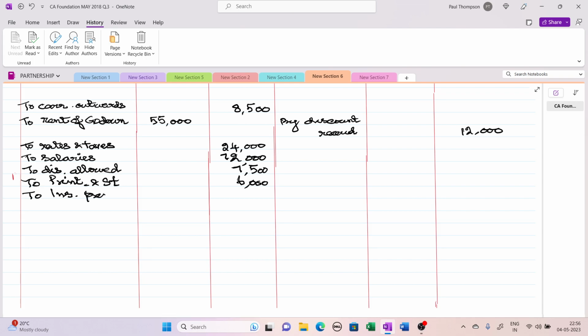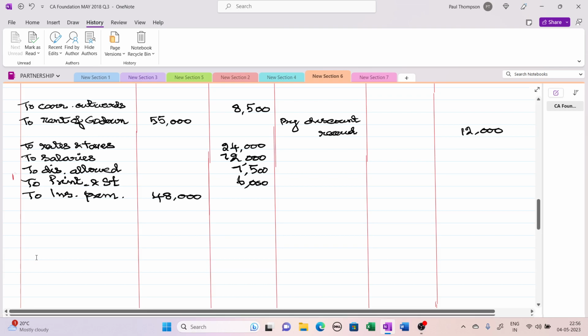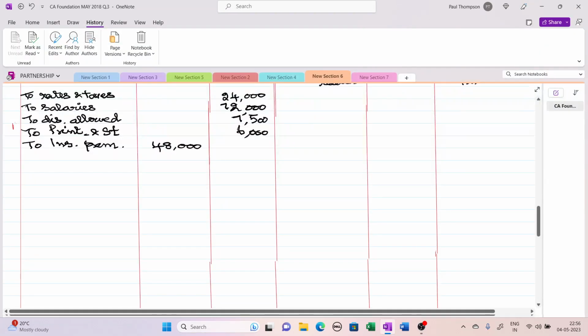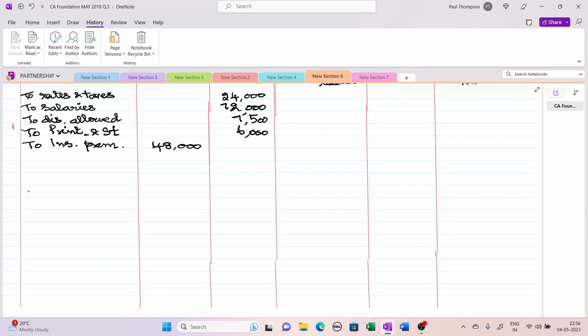So I am writing it in the inner column, 48,000. Okay. Next item is electricity charges. So I am writing it here to electricity charges. Electricity charges 14,000. Next item is general expenses 11,000.